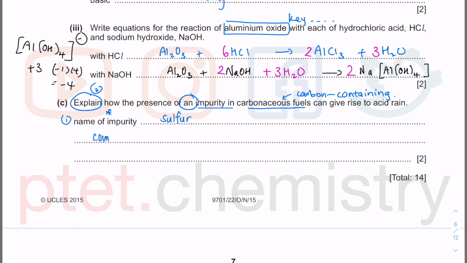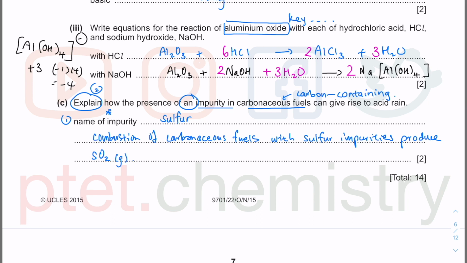So combustion of carbon containing fuel or carbonaceous fuel, basically hydrocarbons with sulfur pollutant or with sulfur impurities, produce sulfur dioxide, SO2 gas. And what does this SO2 gas do?